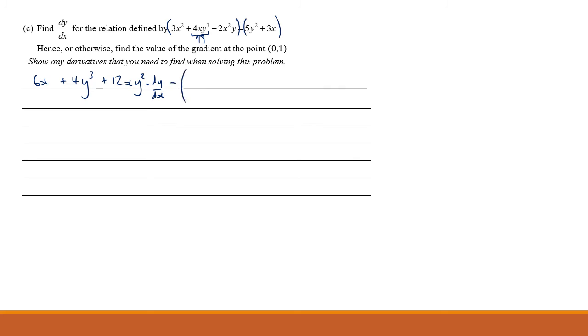Same with this part: differentiate with respect to x, so it's going to be 4xy, and then with respect to y, so that's 2x squared dy by dx. Other side, differentiate with respect to y, so it's just going to be 10y dy by dx plus 3.